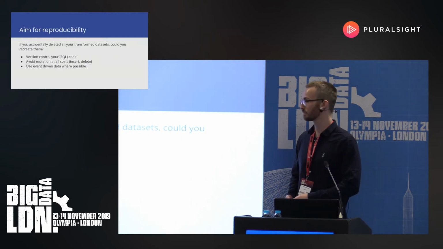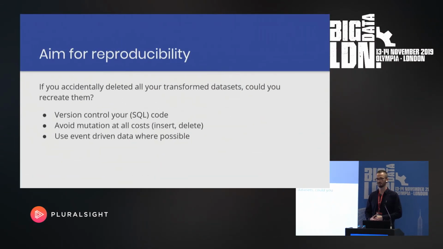Cool. So when we're working in an ELT space, there are a few things we want to achieve. For a start, we want to be able to version control our code. We should be able to reproduce our data stack if we somehow lost all of our derived transformed data sets.